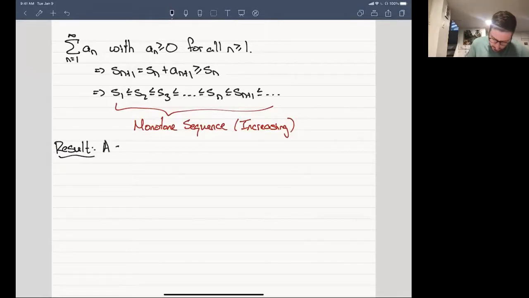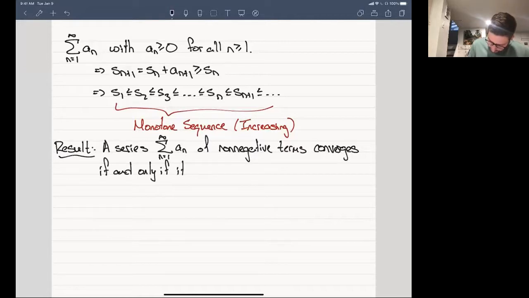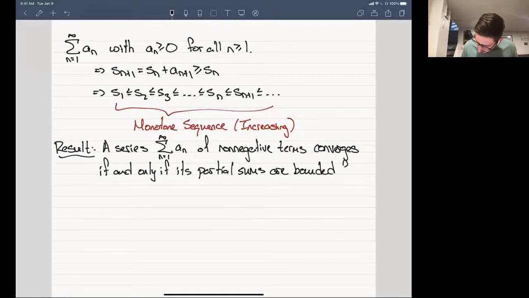It says a series, let me write this, the sum of a_n of non-negative terms, so a_n is greater than or equal to 0, converges if and only if its partial sums are bounded from above.